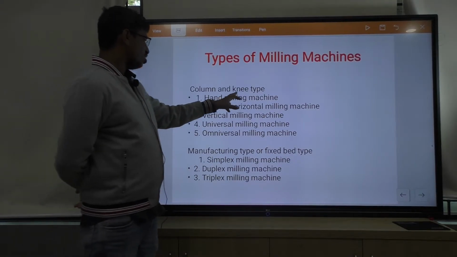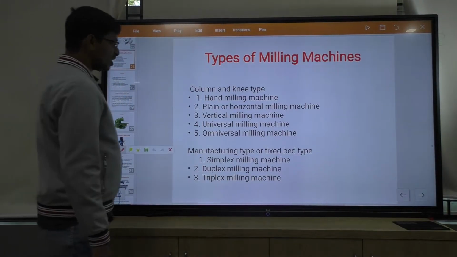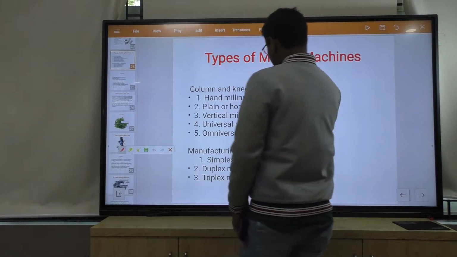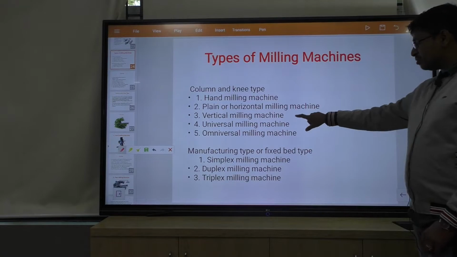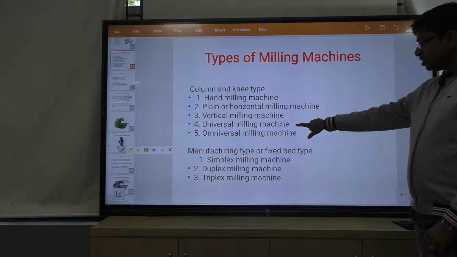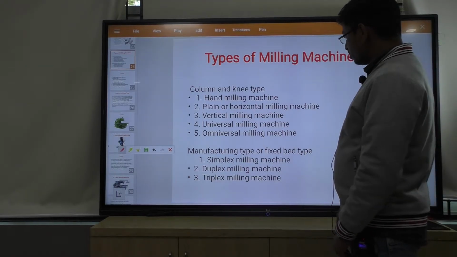The first is column and knee type milling machines. Column and knee type milling machines are again classified into these categories: hand milling machines, plane or horizontal milling machines, vertical milling machines, universal milling machines and omniversal milling machines.